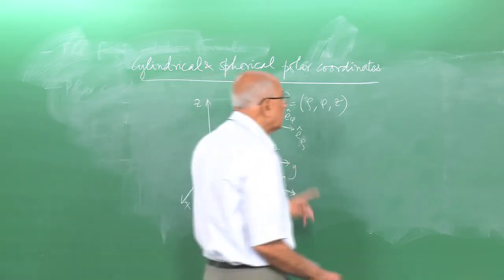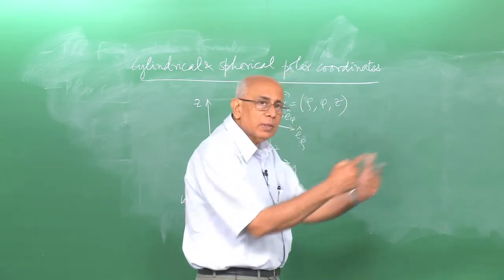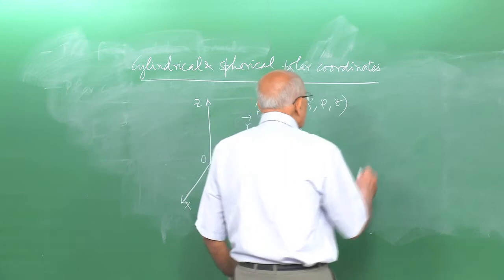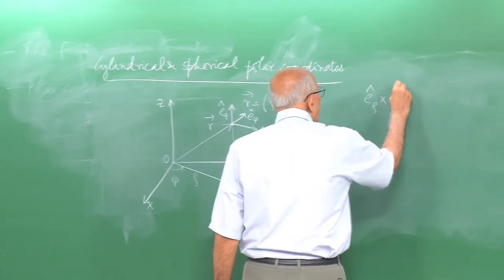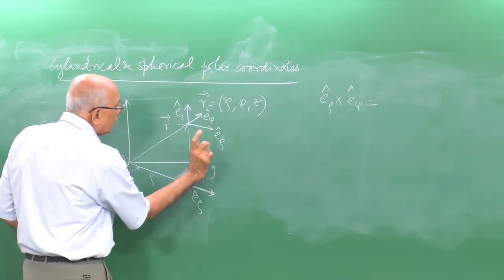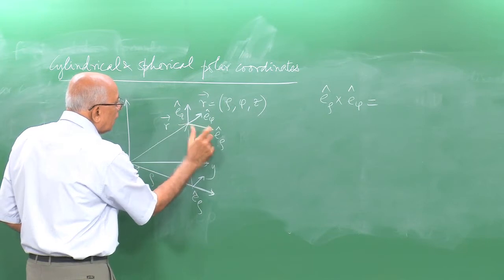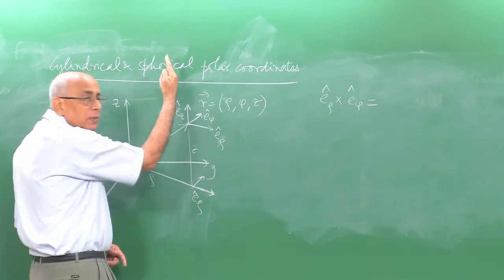So now the relations that we had for Cartesian coordinates, the cross product of two members of the triad equal to the third in cyclic permutation, reads like E rho cross E phi at any point. You take E rho, this vector, and drive a right-handed screwdriver, turn from E rho to E phi, which goes in there into the plane, and the screwdriver moves upwards.